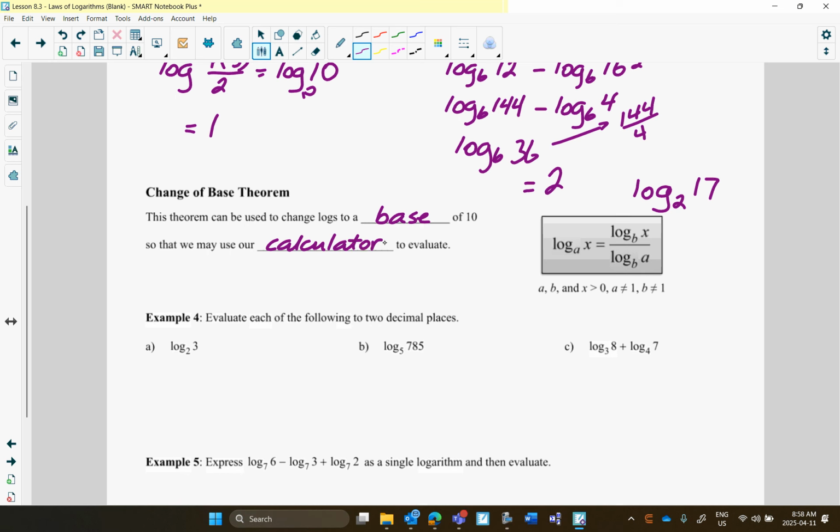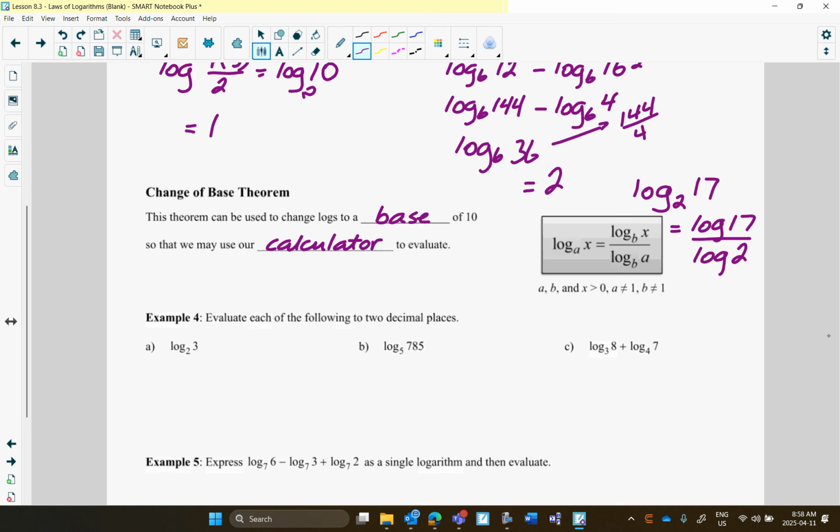It's pretty straightforward. I can change this to log 17 divided by log 2. You just take the log of the argument, the log of the base, and divide them. And these are base 10, which is what your calculator button is.